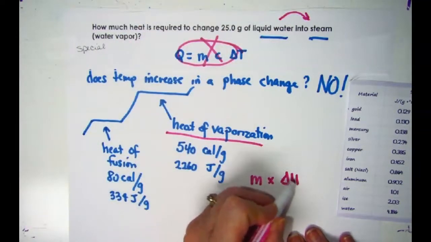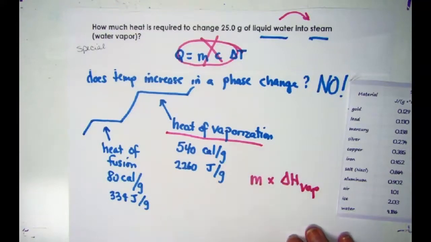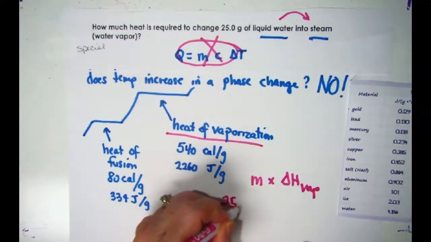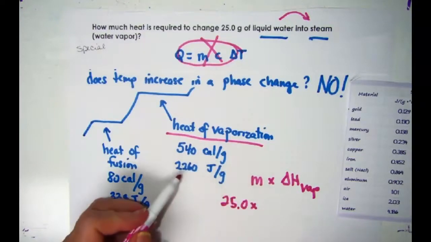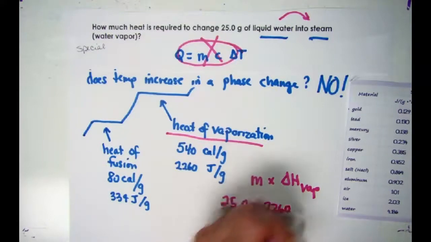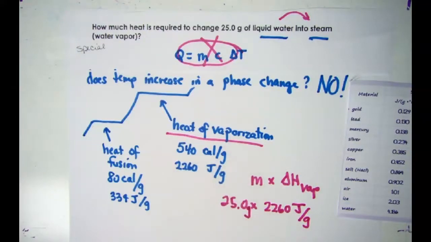All right, so I'm just going to run this problem. We got 25 grams, and we're going to do this in joules, and we're going to say 2260 joules per gram. That's the problem that we're working, okay?